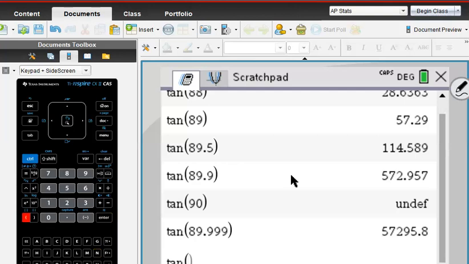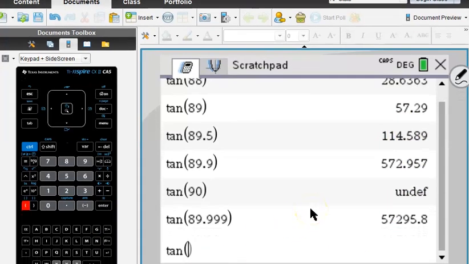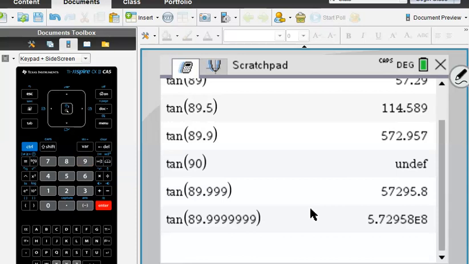Tangent of, I'll lower this down a little bit so you can see, tangent of 89.999999. Okay. Now this is 5.7295 E 8. When you see this E, that means times 10 to the 8th. If I copy this and paste it down here, in other words, I've taken this decimal place and moved it over 8 places.